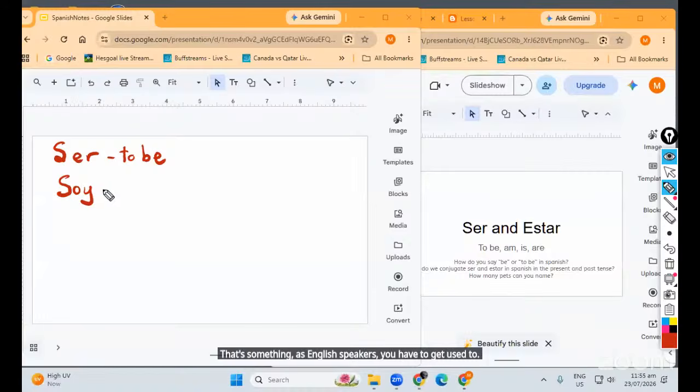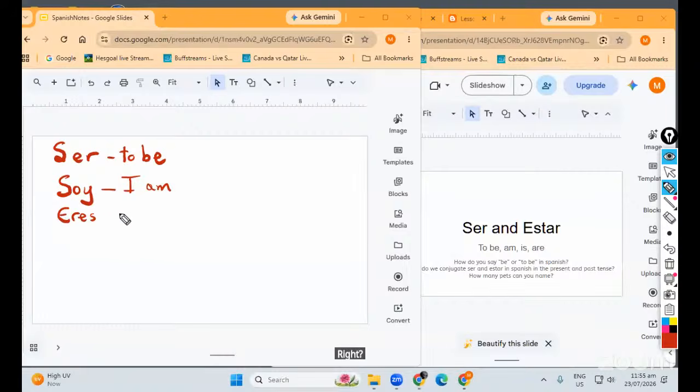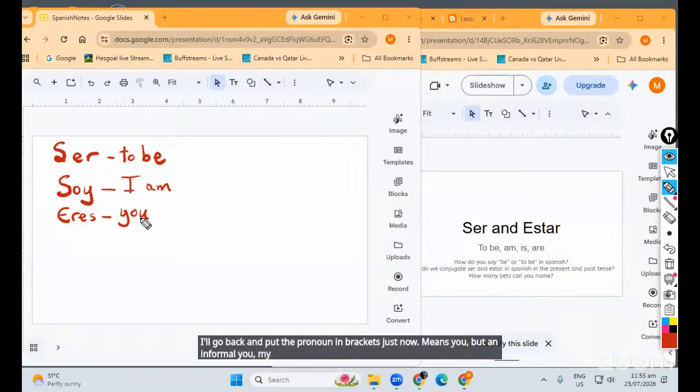Depending on the ending of the verb, the pronoun is left out because the ending of the verb shows who's doing the action. So soy means I am. Eres, I'll go back and put the pronoun in brackets just now, means you, but an informal you, my friend, my equal, my colleague. So we say informal, and it's also singular.